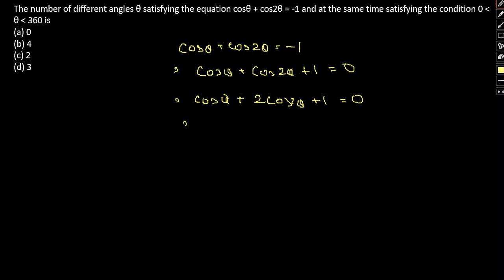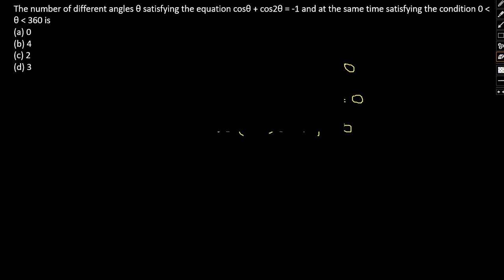So again, if we take cos theta common, 2 cos theta plus 1 equal to 0. Okay, have we made a mistake somewhere? Okay guys, sorry, I think I made a calculation error, so let's start off again.